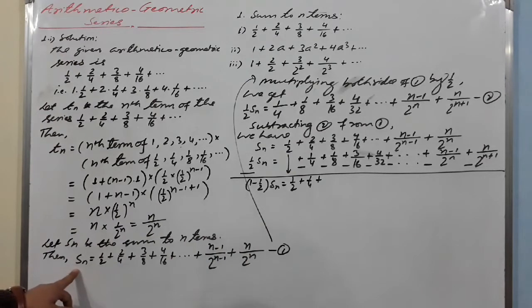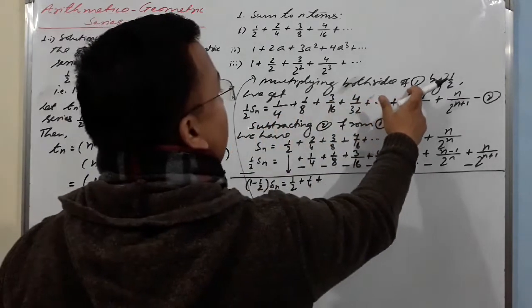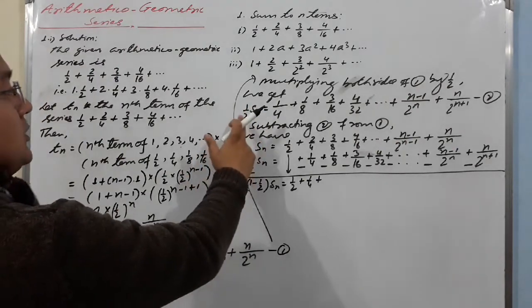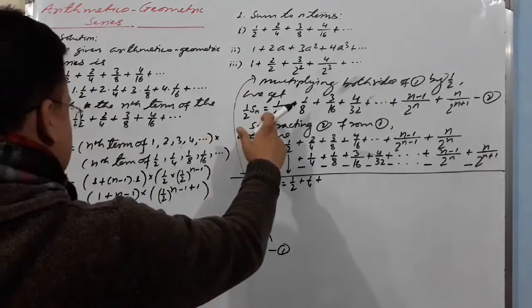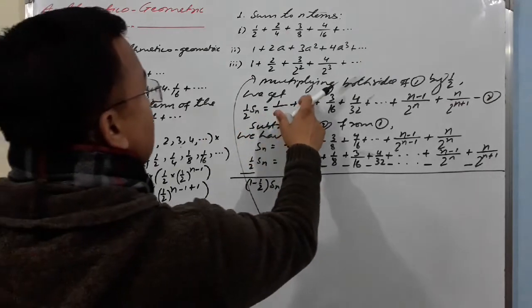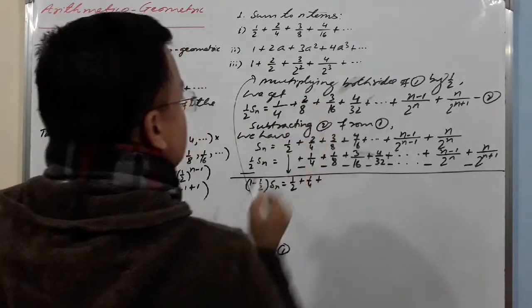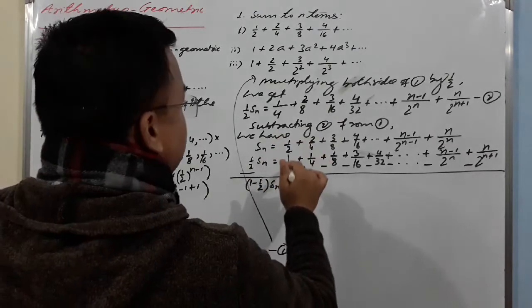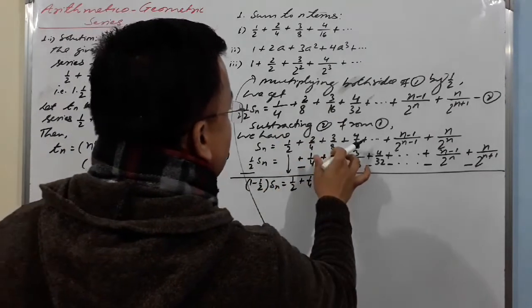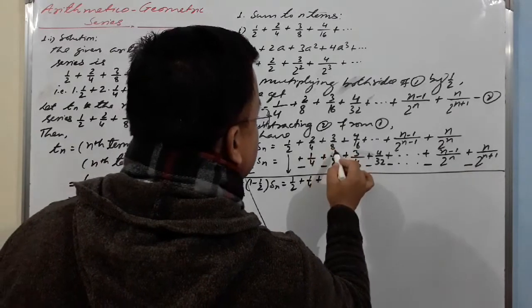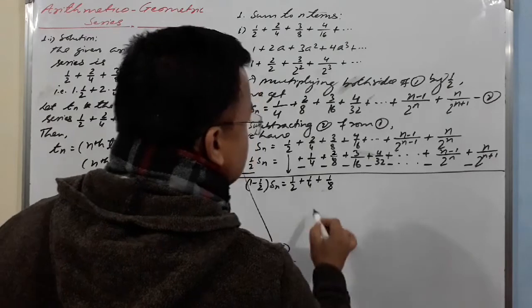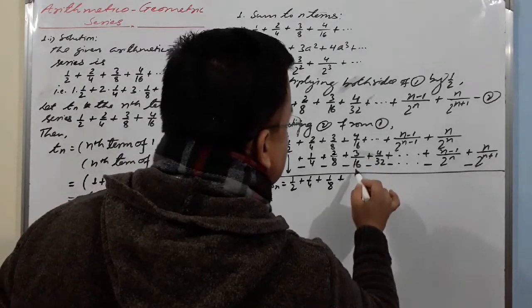We multiplied both sides of first by 1/2, so we get (1/2) Sn, 1/4 plus 2/8. Oh, I missed here 2, so I correct it, 2/8. So it's going to be 2 also, and 3 minus 2, 1/8 plus 4 minus 3 and 1/16.